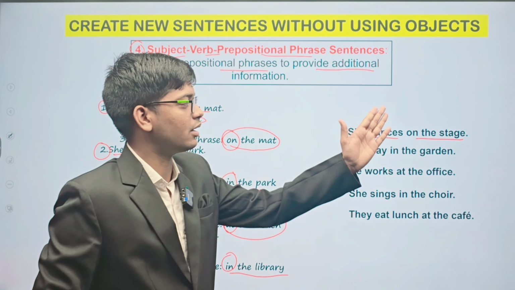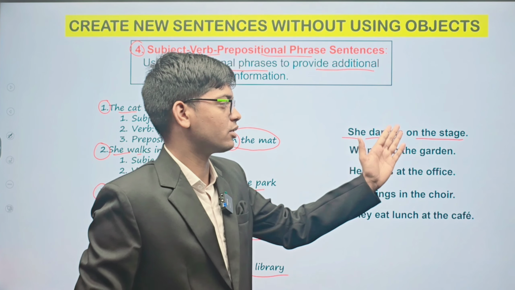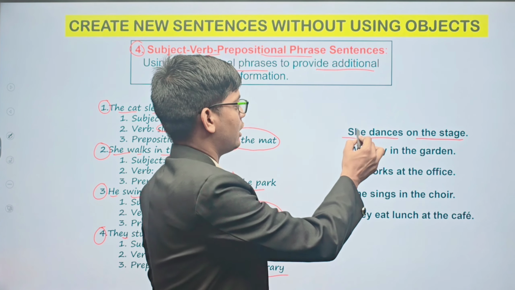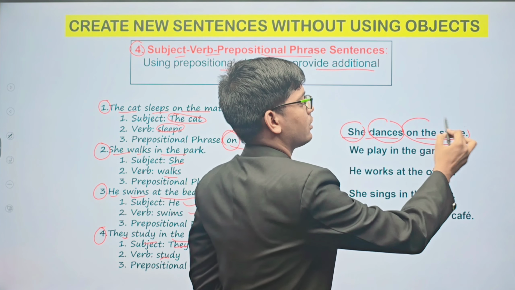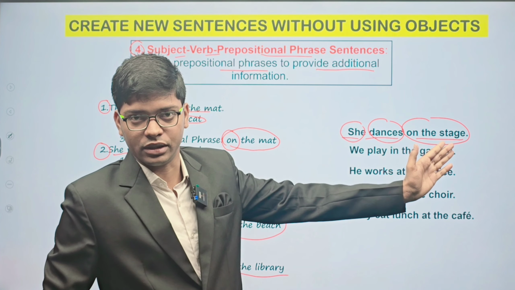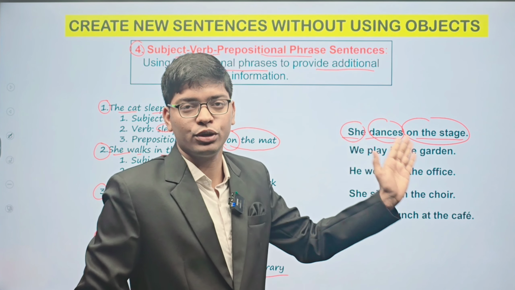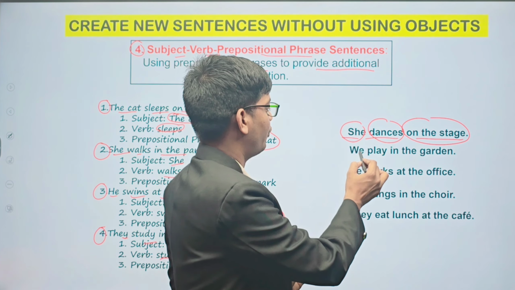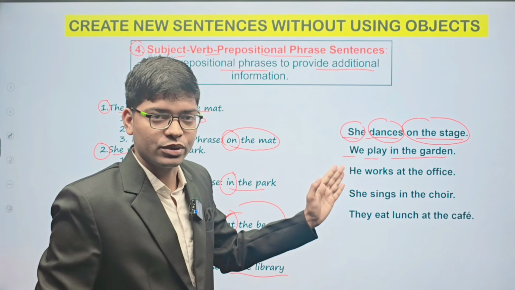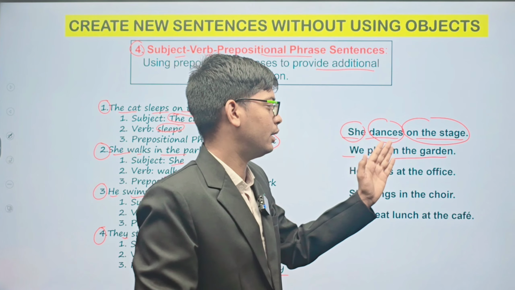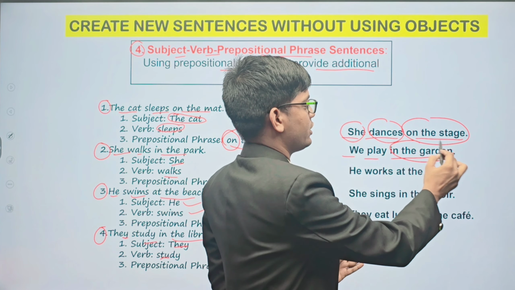She is the subject, dances is the verb, and on the stage is a prepositional phrase, because on is a preposition. Next one, we play in the garden. We is the subject, play is the verb, and in the garden is the prepositional phrase.